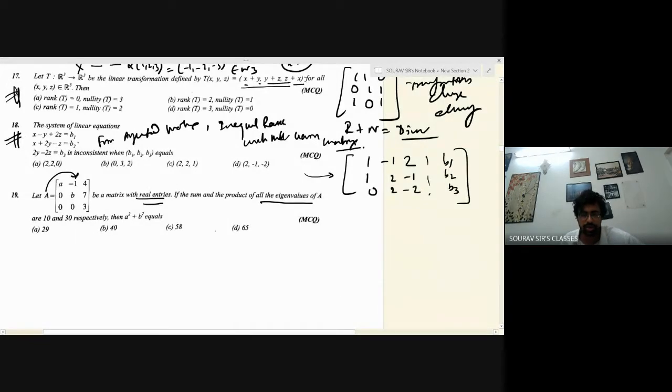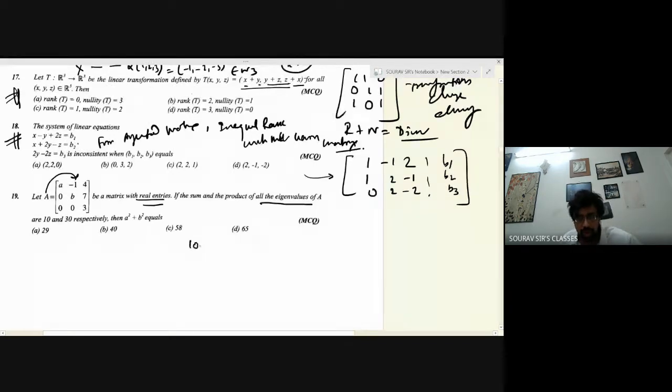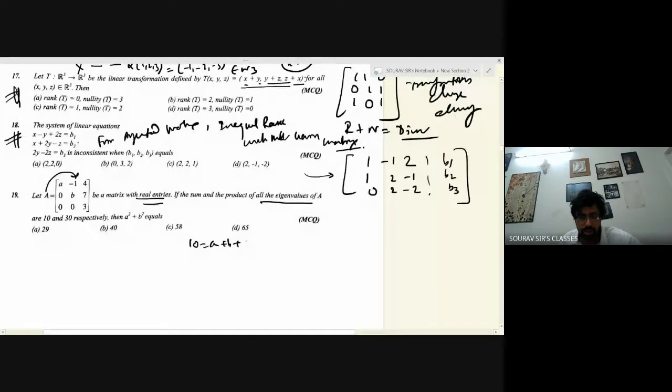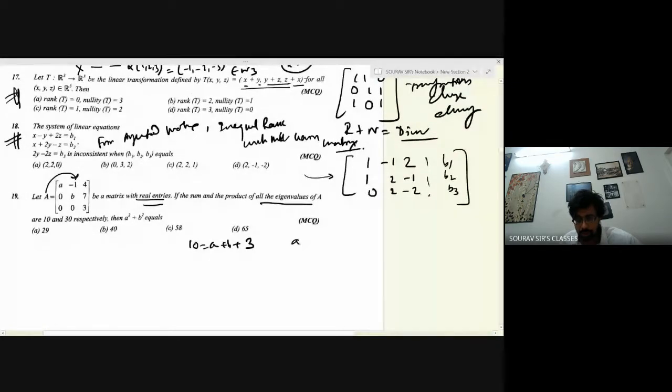So these are all real entries if the sum and product of the eigenvalues are this. Okay. Sum and product. So in this case, sum of eigenvalue is 10, product of eigenvalue is 30. Sum of the eigenvalues of this is the trace. So A plus B plus 3. So A plus B equal to 7.